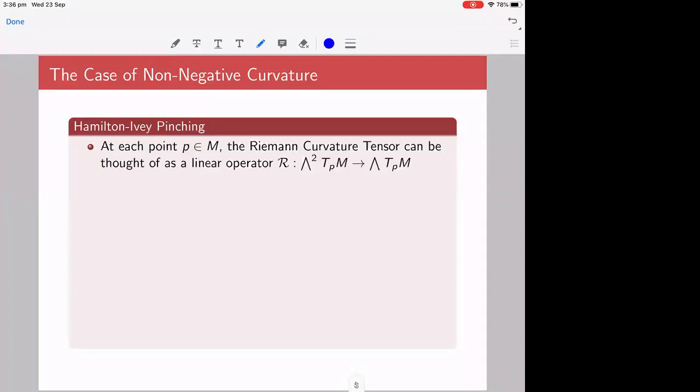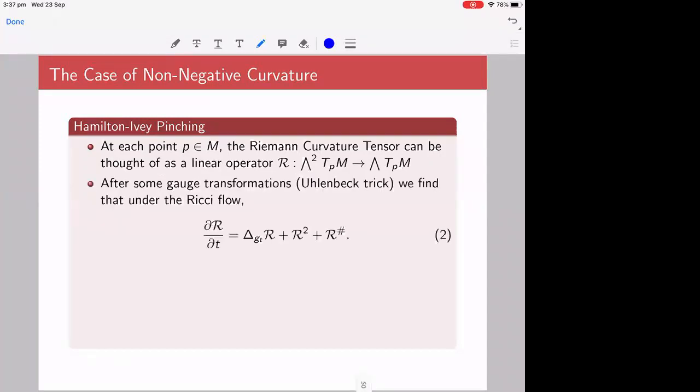So if you've got a point in a manifold, then we can think of our Riemann curvature tensor as a linear operator that goes from two-forms on your tangent space back to two-forms on your tangent space. Now, as I suggested before, under the Ricci flow, you can write an evolution equation for this Riemann curvature tensor. It turns out to be this.